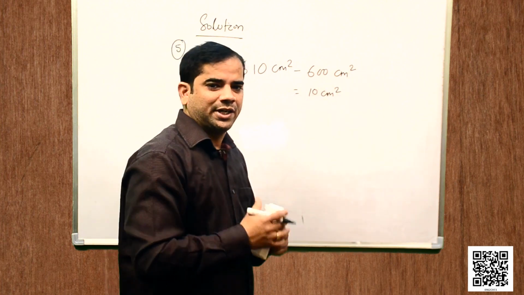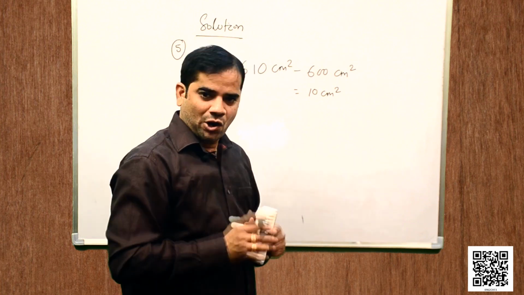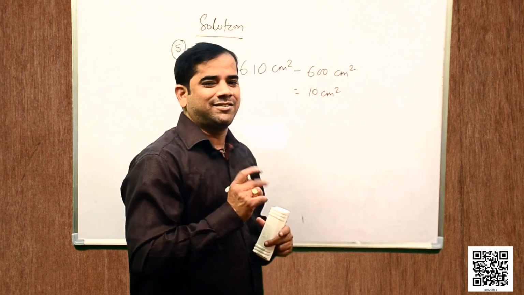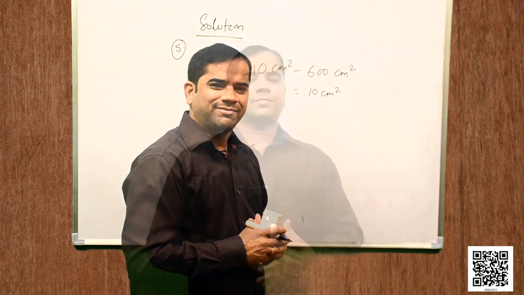So as per the question, the total surface area of the cubical box is smaller than the total surface area of the cuboidal box by 10 centimeter square. Hope you understood the solution of the question.